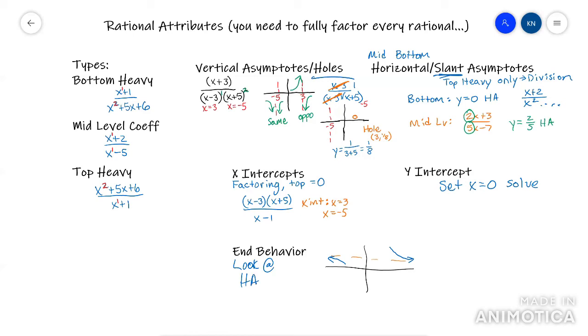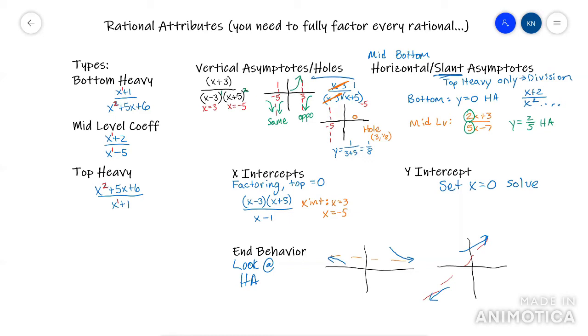Now, if you had a slant asymptote, which I did not feel like talking about right now, it would look something like this. It's just, instead of a horizontal asymptote, it's a slant asymptote. It'll level off on that slant asymptote, something like that. So you're in behavior, you're generally going to be looking at horizontal asymptote unless you have a slant, in which case you will be looking at slant asymptote.